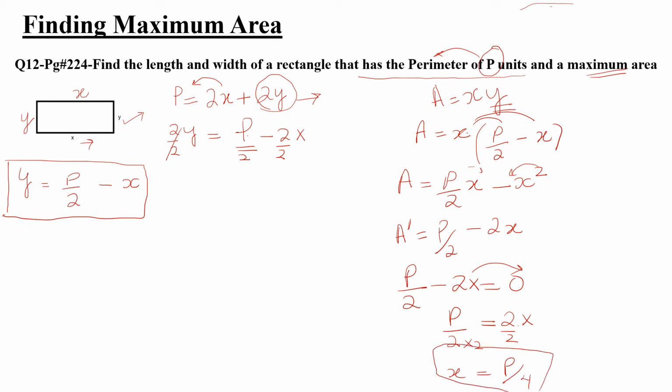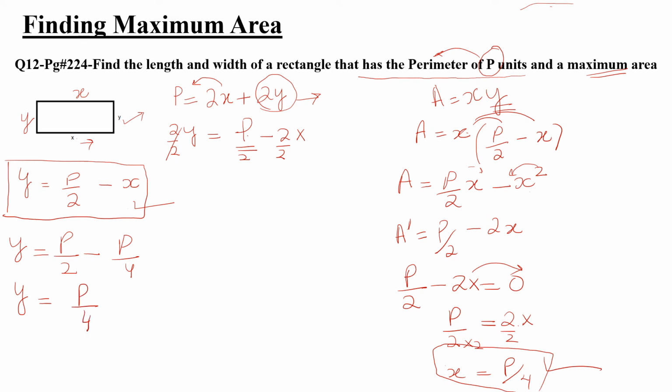So now in order to get the value of y, put this value of x in the equation which you already found. So y equals p over 2 minus x, which is p over 4. Now if you just subtract, half minus 1 over 4, you will get p over 4.